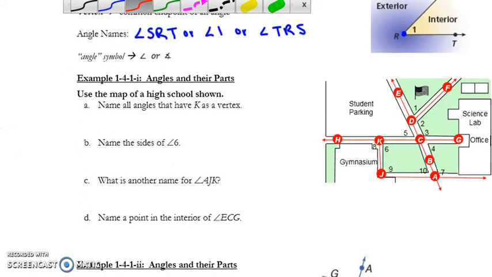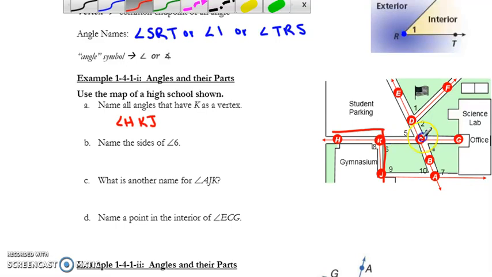So let's go ahead and practice using some naming with this example, this map here. We're going to name all the angles that have K as the vertex. So here is K. So we have this angle here, HKJ, which we could name JKH, but we're going to go ahead and just for now name it that.